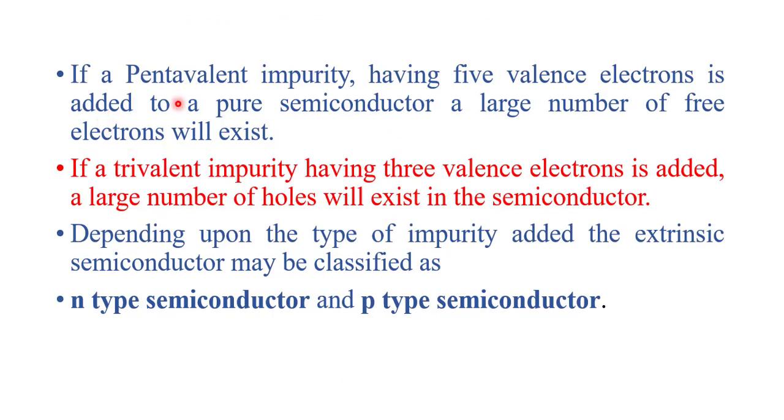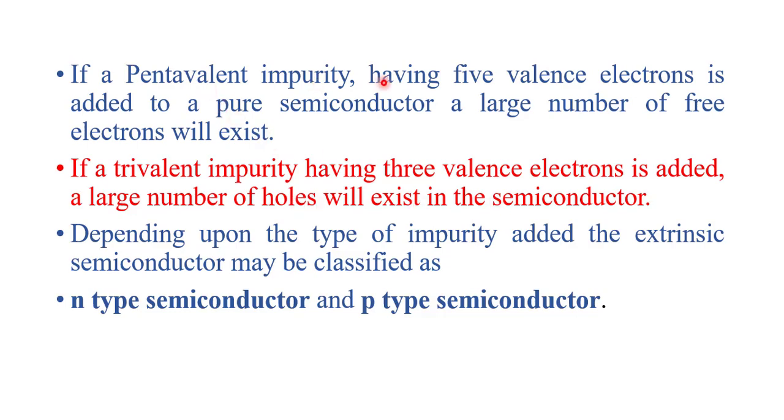So if a pentavalent impurity having 5 valence electrons is added to a pure semiconductor, a large number of free electrons will exist. If a trivalent impurity having 3 valence electrons is added in a pure semiconductor, a large number of holes will exist in the semiconductor.